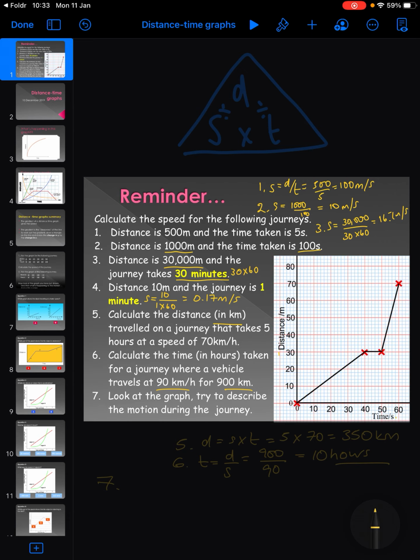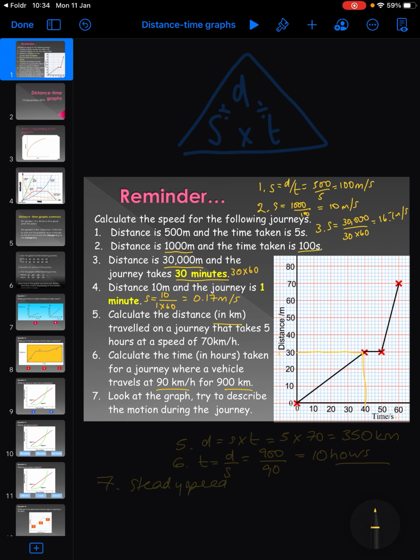And in that first 40 seconds, I'm just going to draw a line on the graph. Bit of a wonky line, but hey ho. Can you see it has travelled 30 meters in that first 40 seconds? So it's clearly travelling away from you. Now, can you see the fact it's a nice straight line there? That means it's going at a nice steady speed.